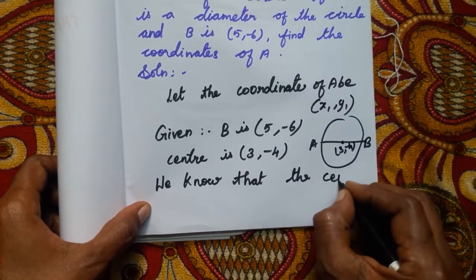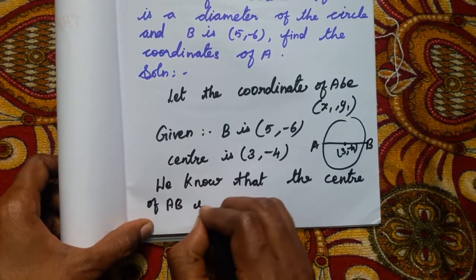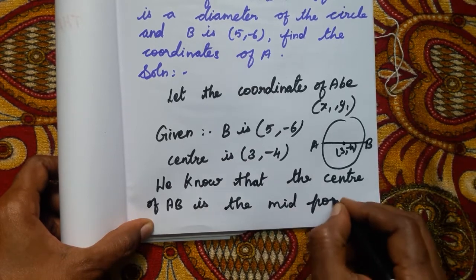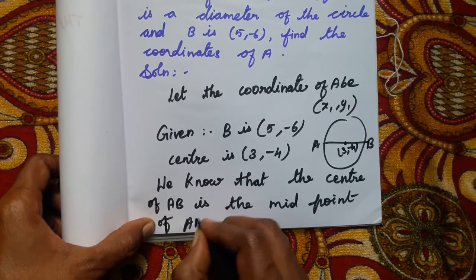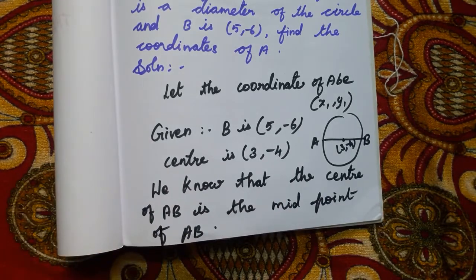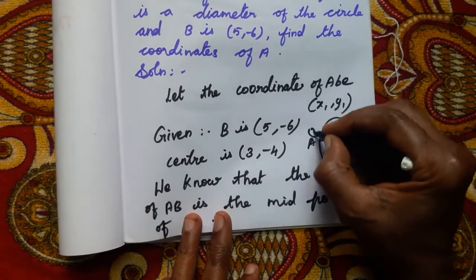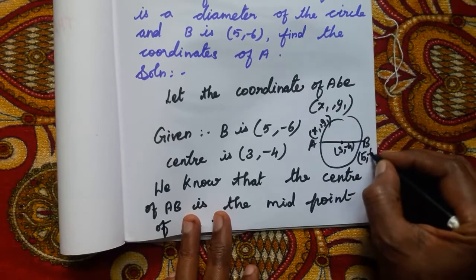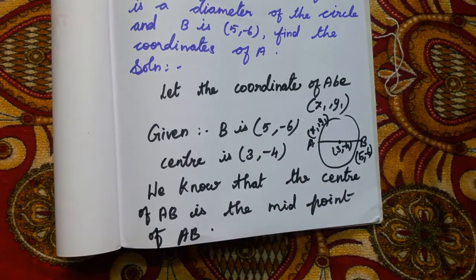Now midpoint A is (x1, y1). Next, B is (5, minus 6). What we have to find out? The point (x1, y1) we want to find out.